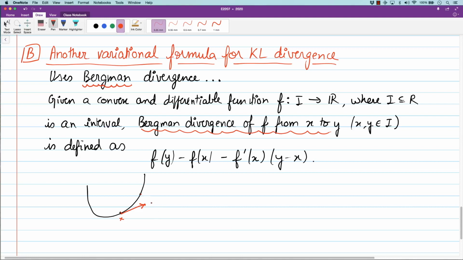The value of this point is f prime x times y minus x. And what about this difference here? This is f of y, this is f of x, and what we are looking for is how much larger f of y is in comparison to the tangent value. This quantity is this distance, and it's always non-negative because the function is convex.